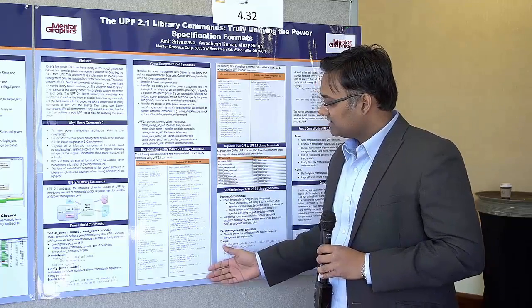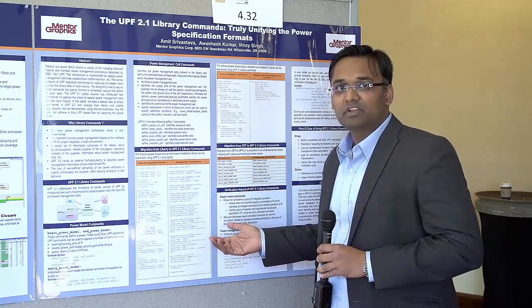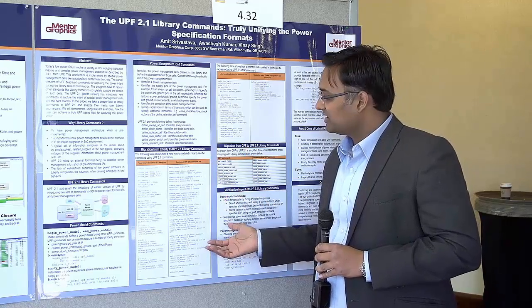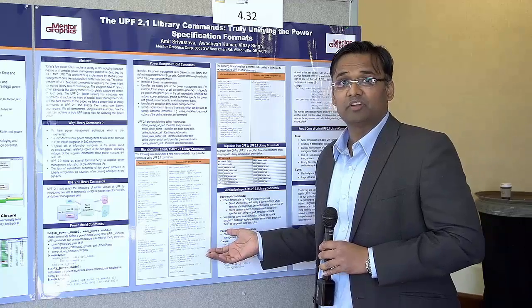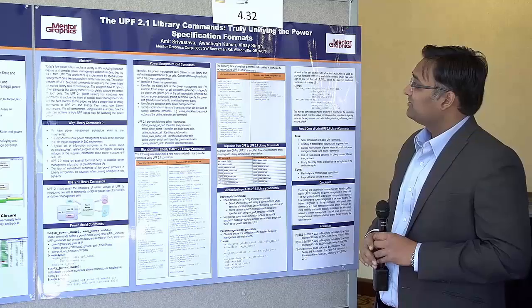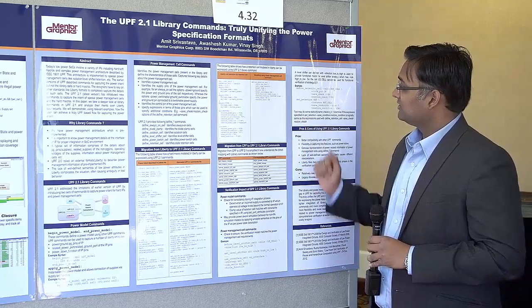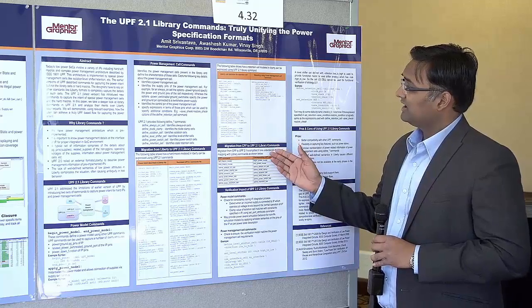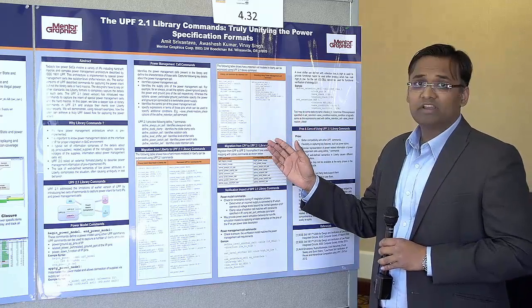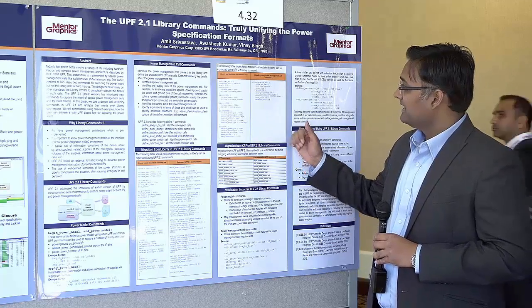Looking at just this example, it becomes much easier for the user to capture information related to the power model using just the UPF commands. And moving on, this is another example showing migrating from a Liberty to UPF 2.1, and it shows how a power management cell gets represented in UPF.